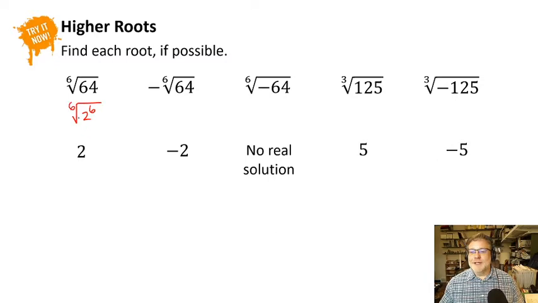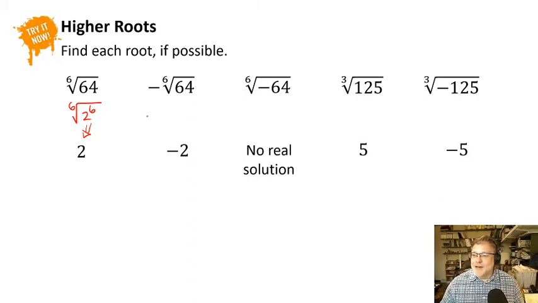What's interesting is that the exponent of 6 and the 6th root sort of canceled out, didn't they? We went from 2 raised to the 6th power up to 64, then took the 6th root of that, and now we're back down to 2.